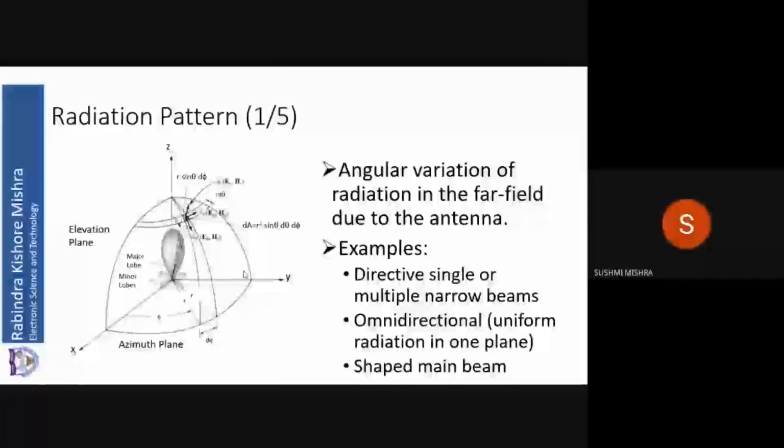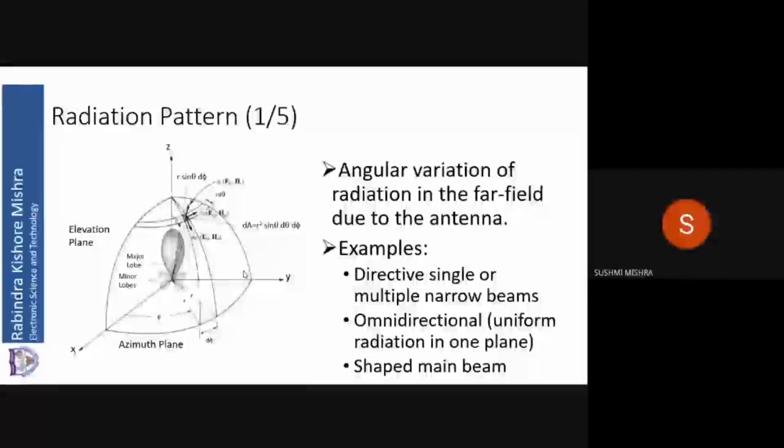Because this plane is elevated towards the Z axis from the XY plane. If the elevation is complete, then theta is equal to 0. If the elevation is incomplete, theta can have some value. When the elevation plane coincides with the azimuth plane, theta is equal to pi by 2.